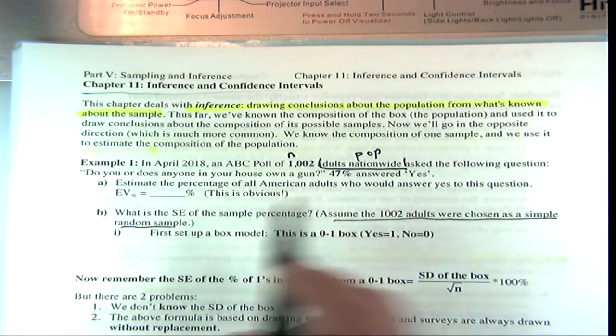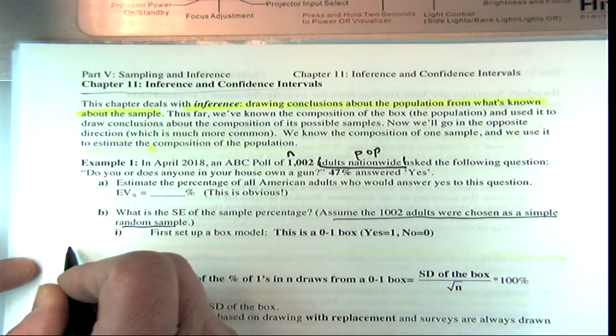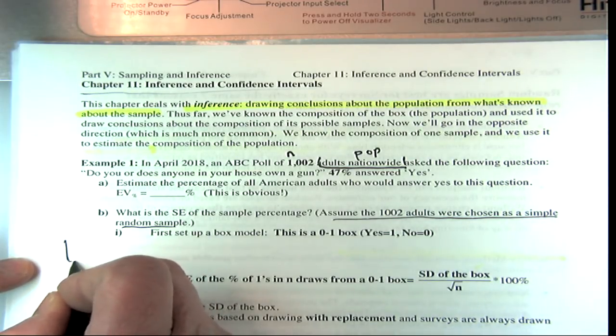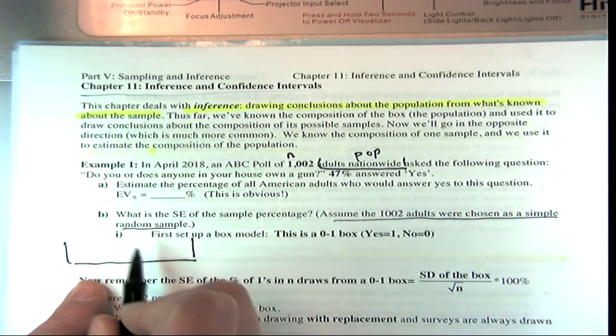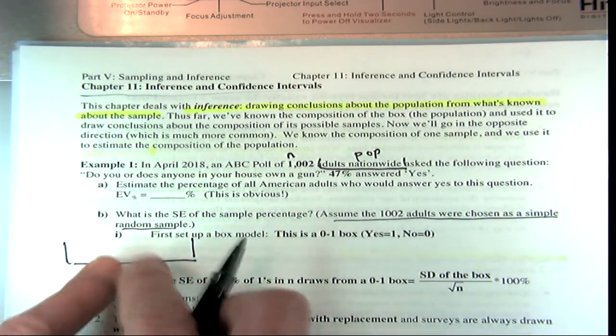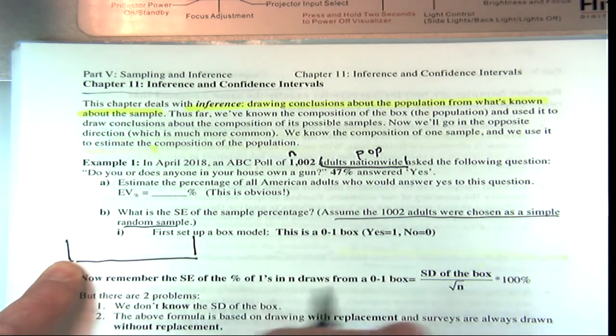So here, let's set up a box model first, just so you get this clear. We're going to make a big box, and we're going to be randomly choosing from the tickets inside this box. So what would be in here?